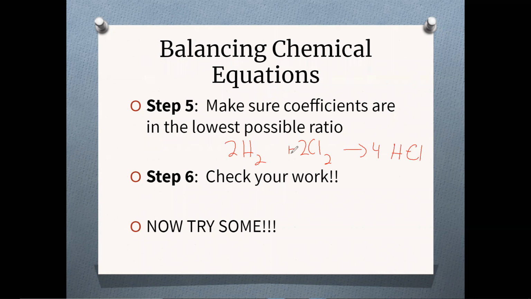All of those are divisible by 2, so you could quite literally just reduce by dividing everything by 2. It's the same thing that I would have had you do in the swap, drop, reduce when you're making an ionic formula. We want things to be in the lowest ratio possible. And step 6 is really just checking your work, making sure you did it right, okay?